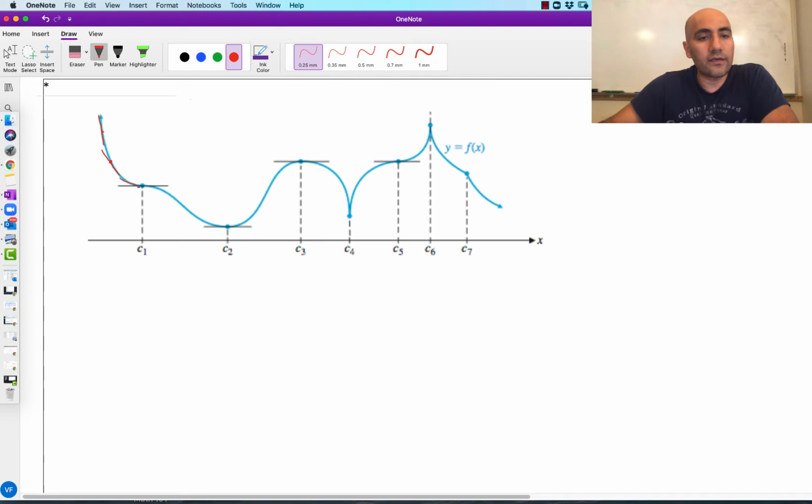Coming closer to here, smaller but still negative, and then here we have a 0 for the slope of the tangent line. Then back to negatives, small negative, then a bigger negative, and then a smaller negative, and then 0 again.